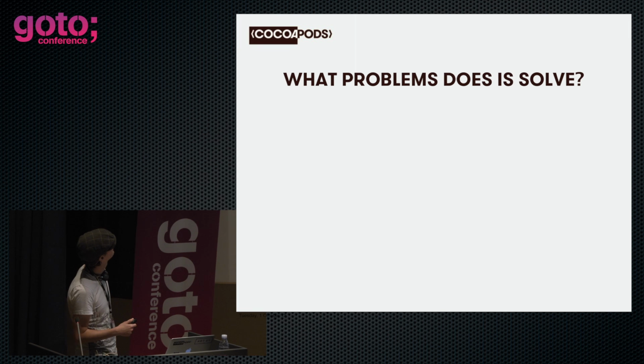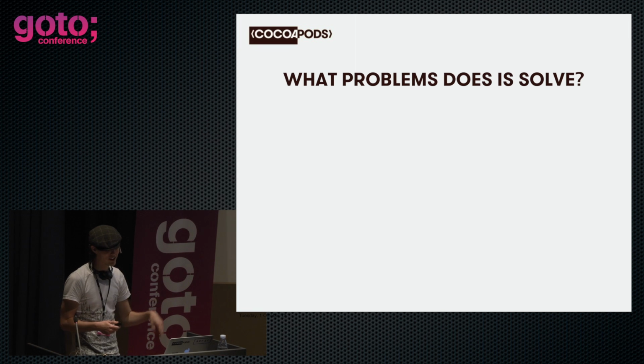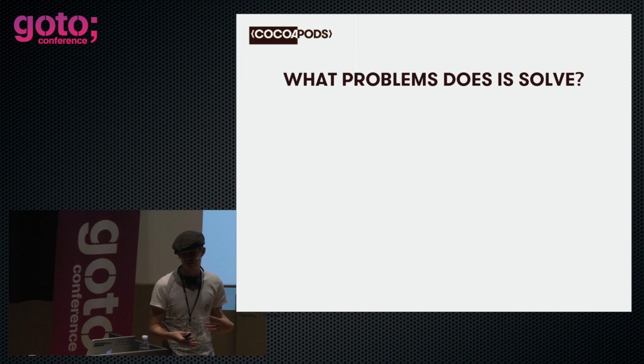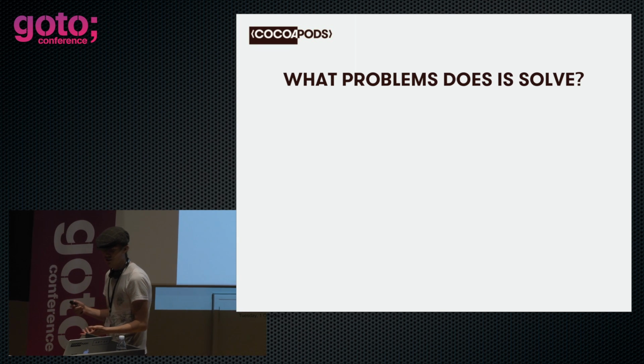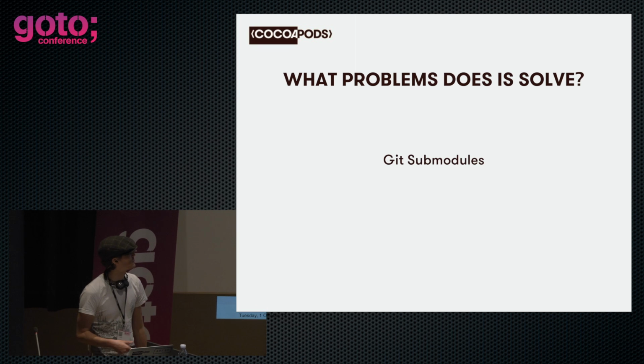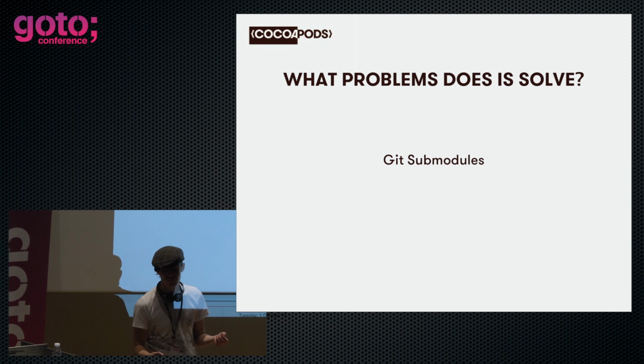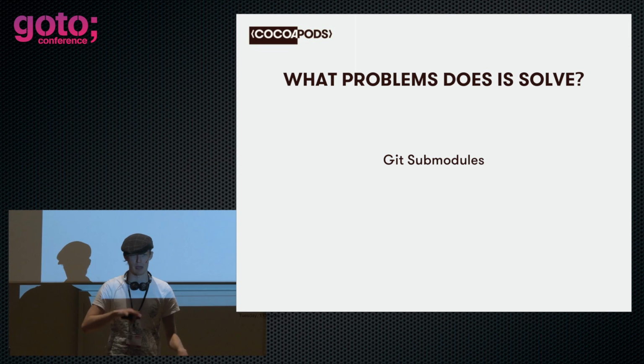So we've already talked a little bit about what problems it solves. For me, it's always solved this problem: you want to use Git submodules for your dependency management. That allows you to quite happily separate out your externals into a different file or folder.